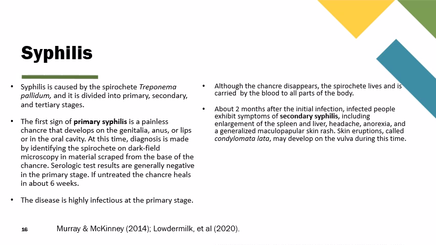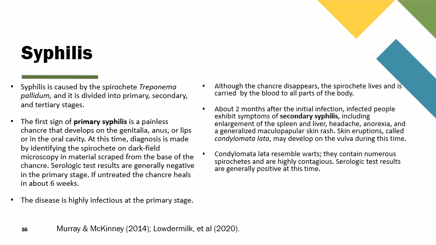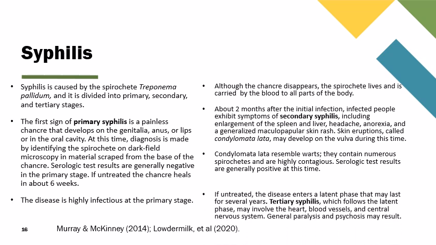So about 2 months after the initial infection, the infected people will exhibit symptoms of secondary syphilis, including enlargement of the spleen and liver, headache, anorexia, and a generalized maculopapular skin rash, with skin eruptions called condylomata lata, which may develop on the vulva during this time. Condylomata lata resemble warts. They contain numbers of spirochetes and are highly contagious. Serology test results are generally positive at this time.